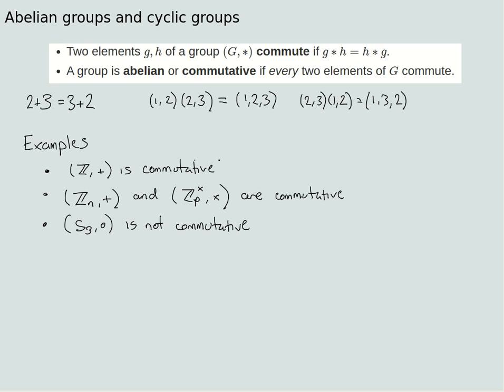But on the other hand, we've seen an example of two elements of S3 which don't commute. So for example, (1 2) and (2 3) do not commute. And of course the same example shows that Sn is not commutative whenever n is greater than or equal to 3.